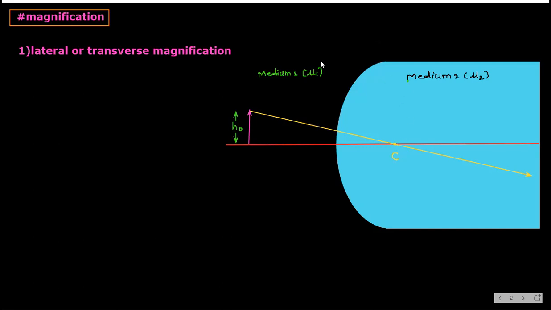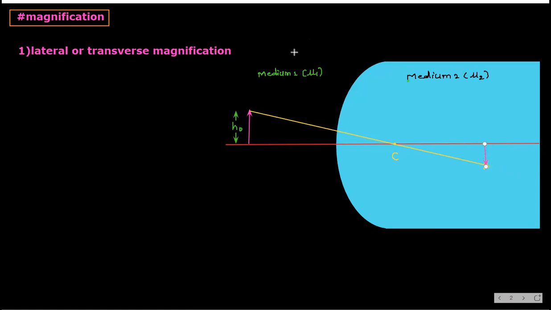This one I am just deleting. I don't want a very long ray. Okay, like this. So the image is getting formed somewhere here.